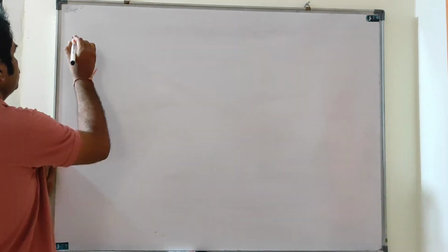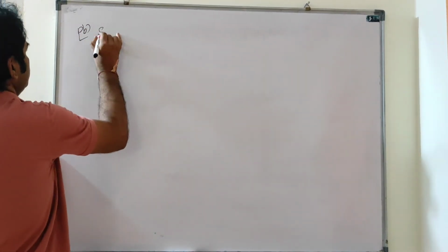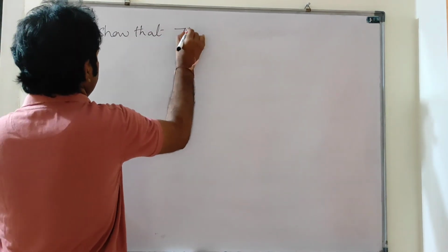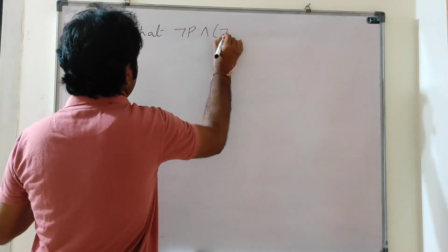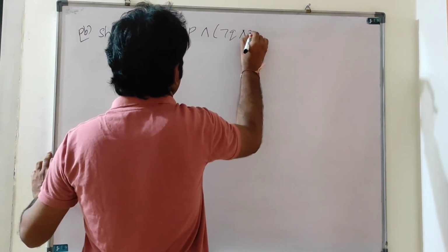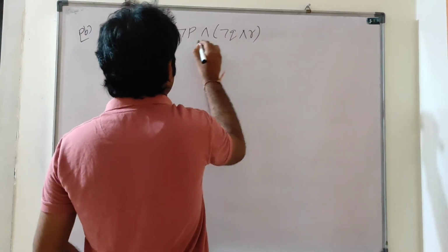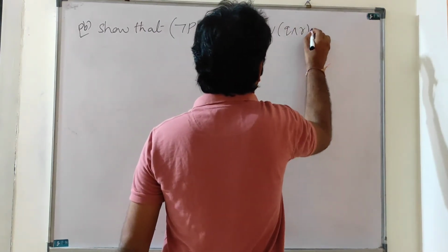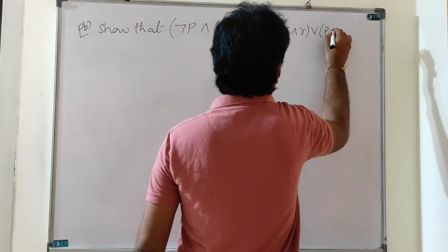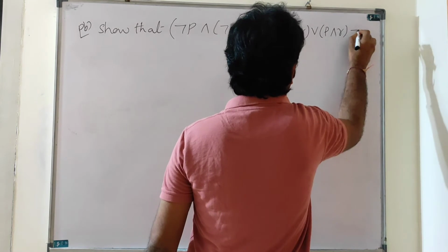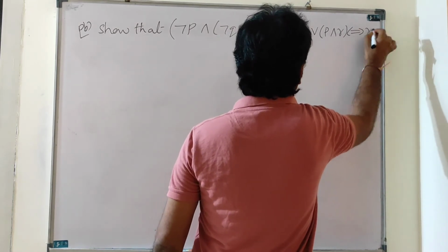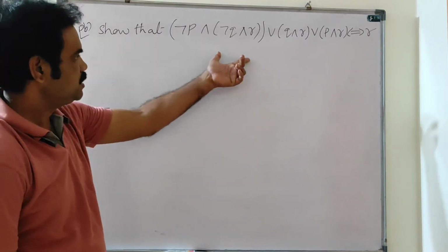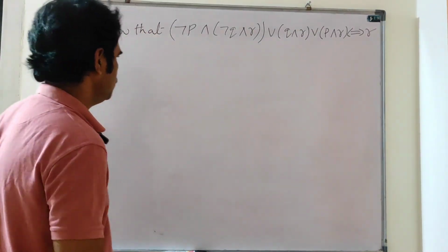Okay, next problem. Show that negation P and negation Q and R, or Q and R, or P and R is logically equivalent to R. See the solution.